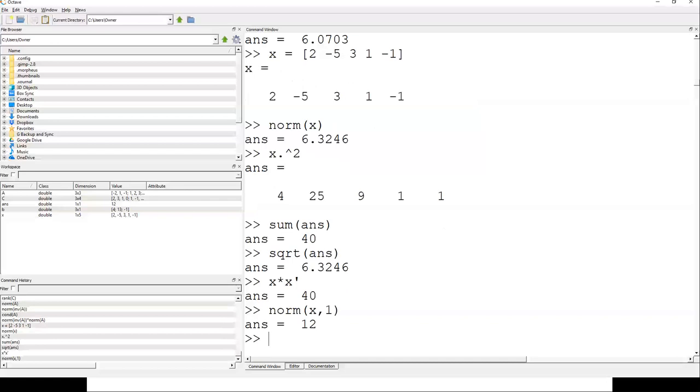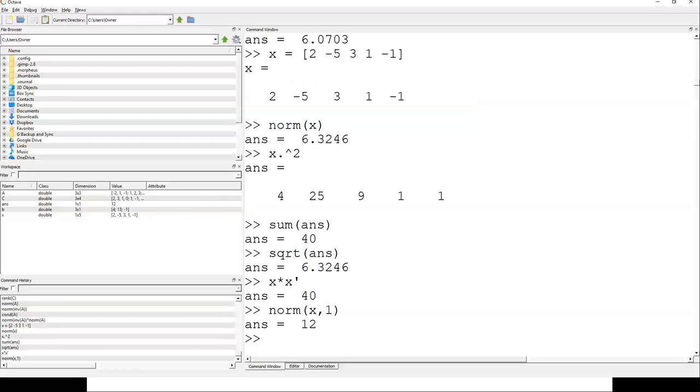If I put a number, it can be any number. The 1 norm: we're doing the magnitude. 2 and 5 and 3 and 1 and 1.